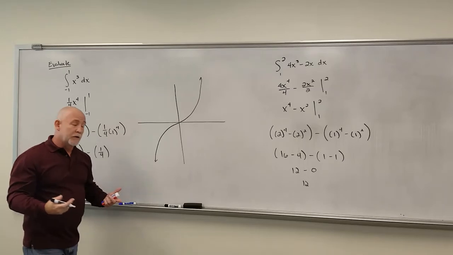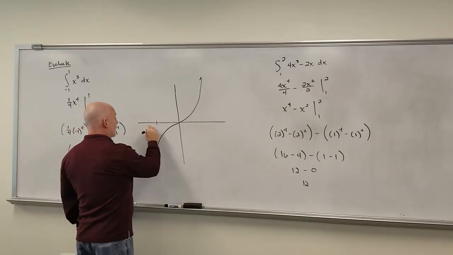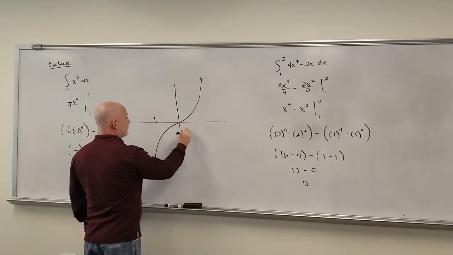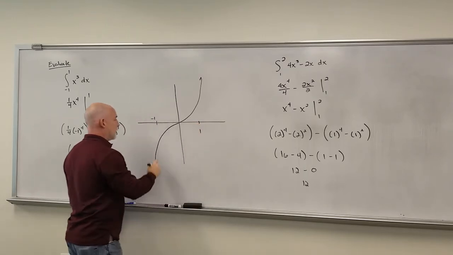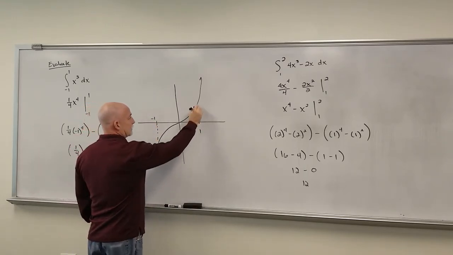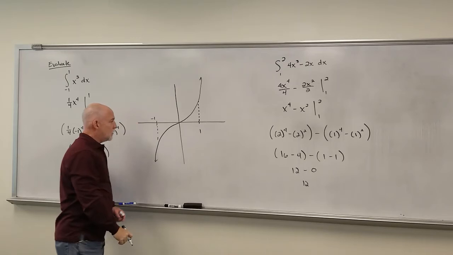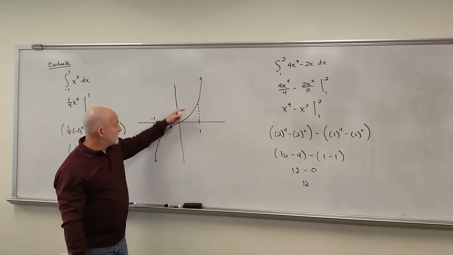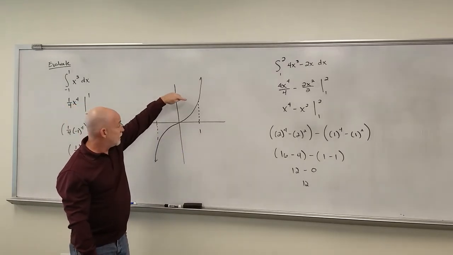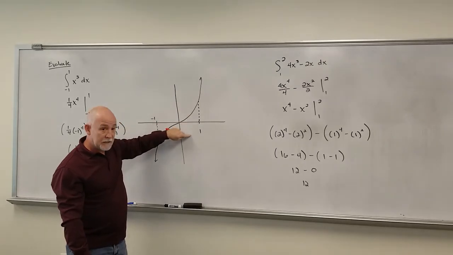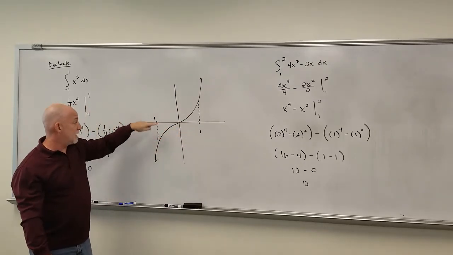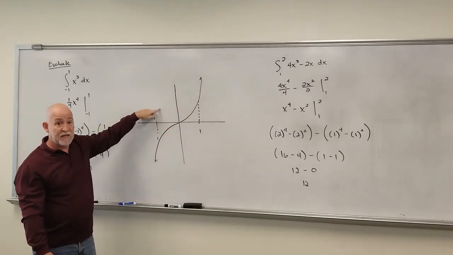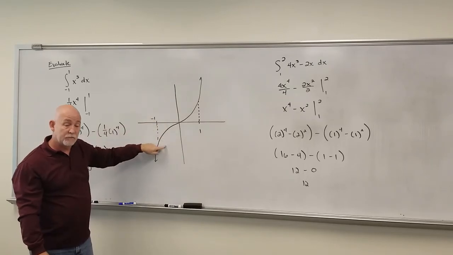Well, it's kind of a little bit in the wording. Now remember, we're integrating from -1 to +1. If you take a look at the areas in these regions, on the right-hand side, this is the area between the curve and the x-axis. However, on this side, this is the area between the x-axis and the curve.